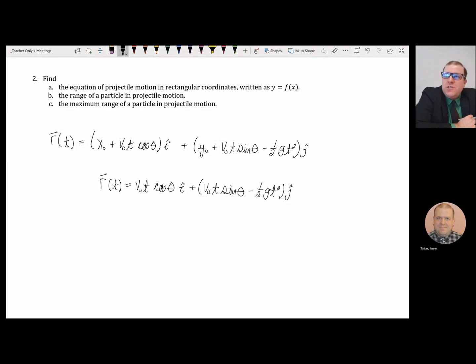In rare situations we might have an initial height, but very rarely are we going to deal with an initial X coordinate. So typically X naught is always 0, and rarely is Y naught anything but 0. We're going to work under the assumption that our launch point is the origin.